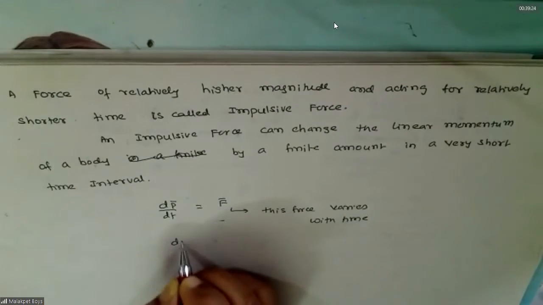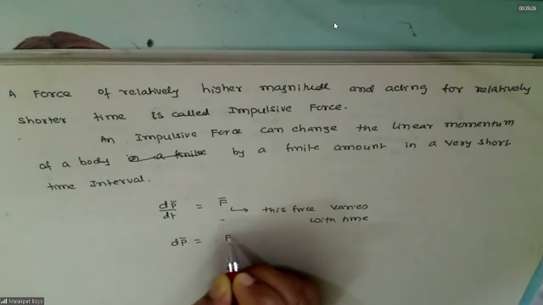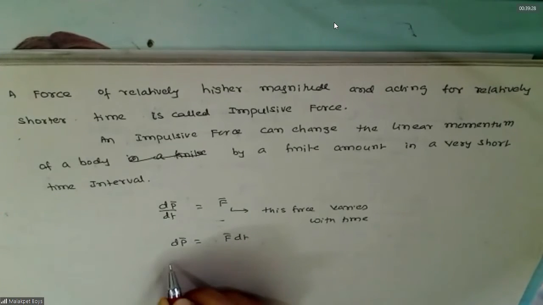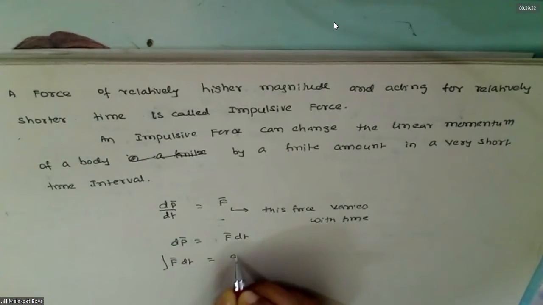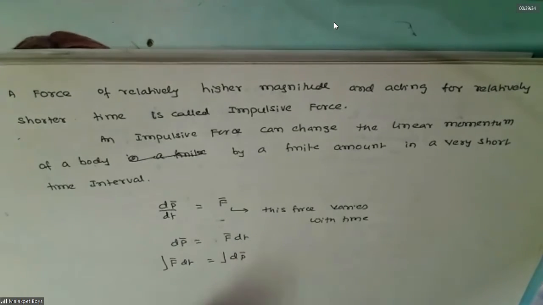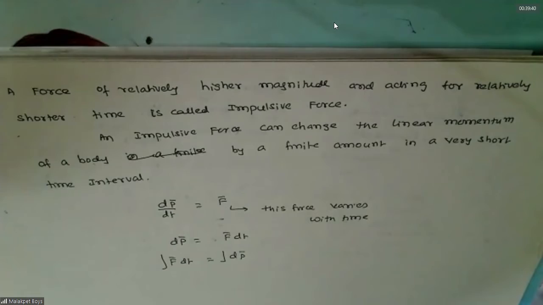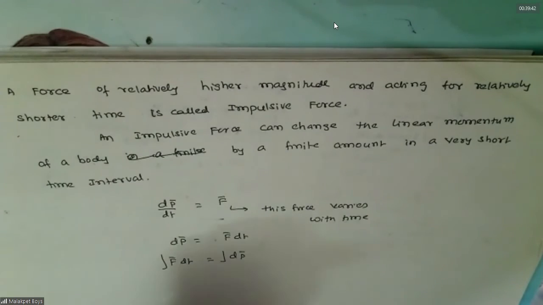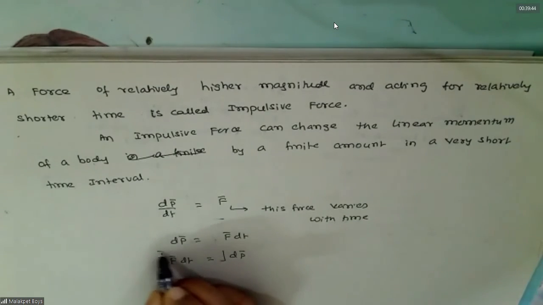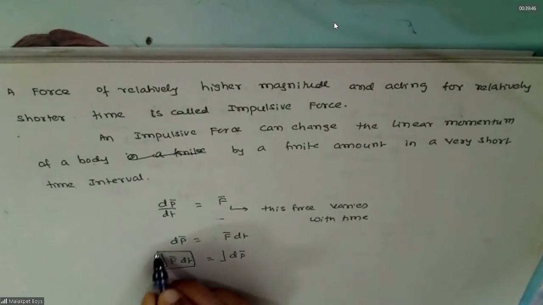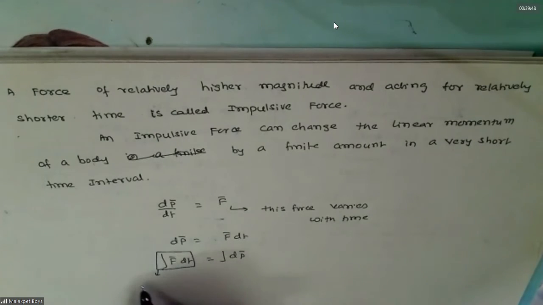So you have dp by dt. What is this actually? Sir, this is the measure of impulse.